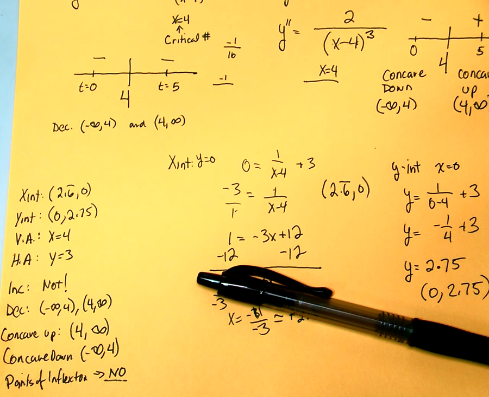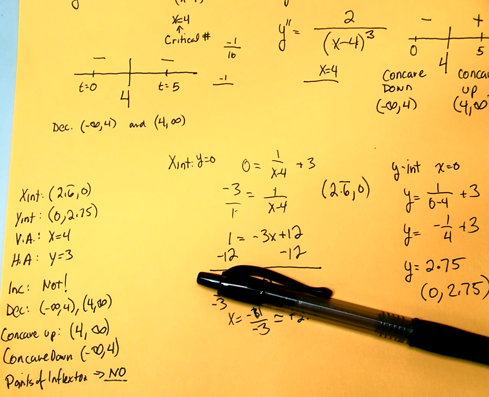Alright, so there's my asymptote. If I wanted to calculate the equation, there it is, x equals 4. Does that make sense that we got what we needed to get out of that? Alright.